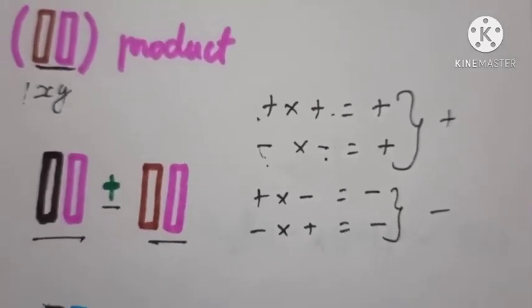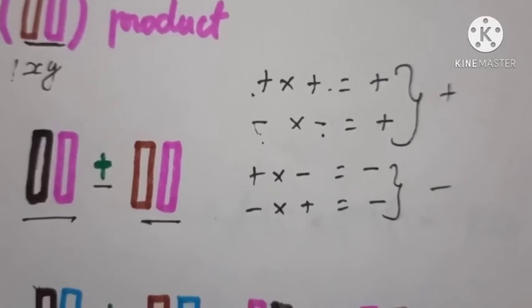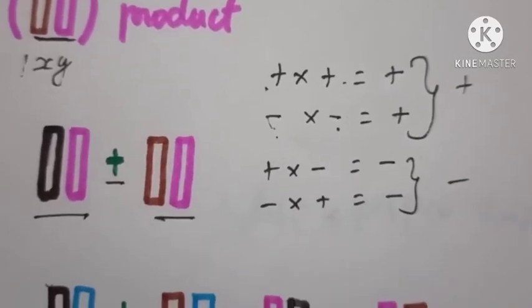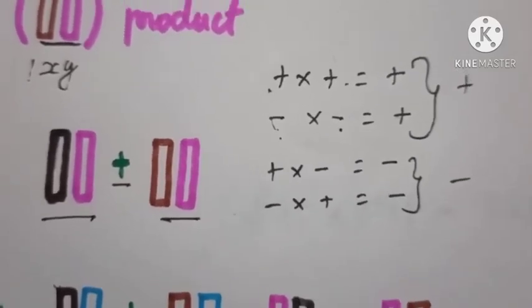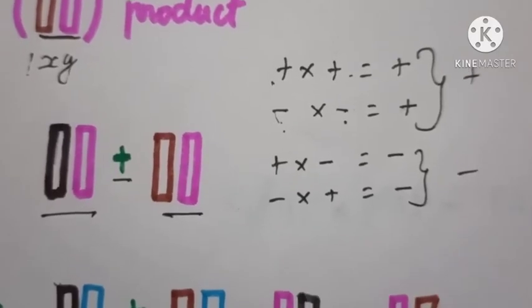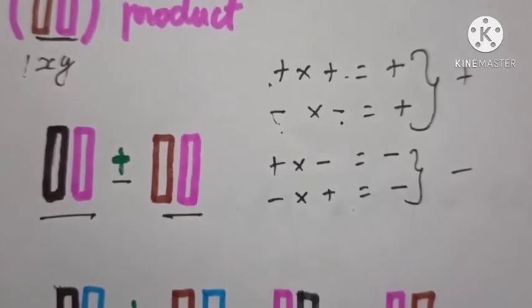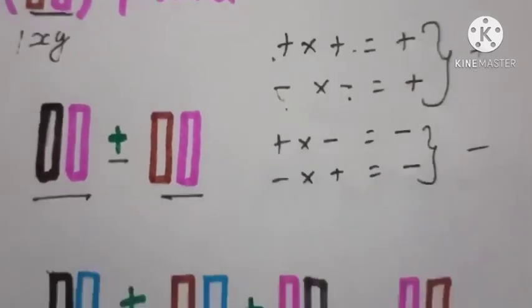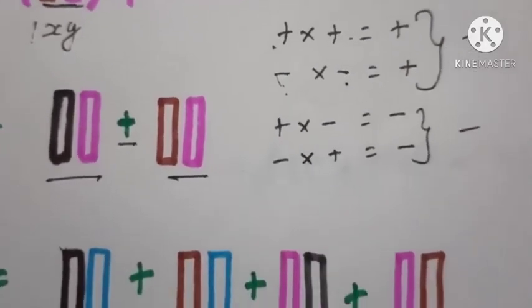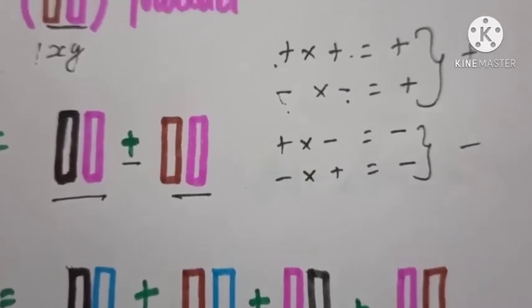Whether it is greater or smaller, no need to consider that. By the product you just concentrate on whether same symbol, plus, different symbol, minus. This is the main concept to multiply integers, and also different terms in an algebraic expression.